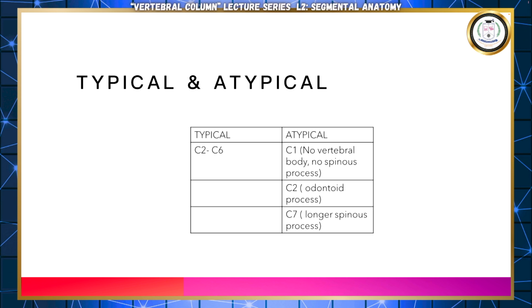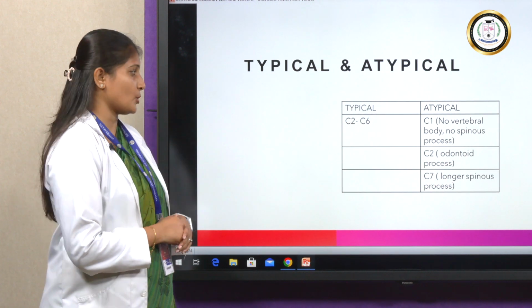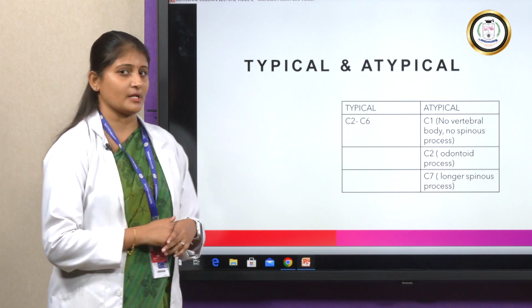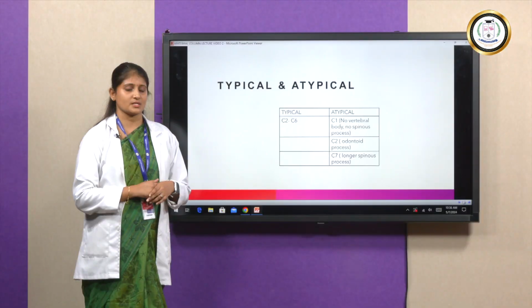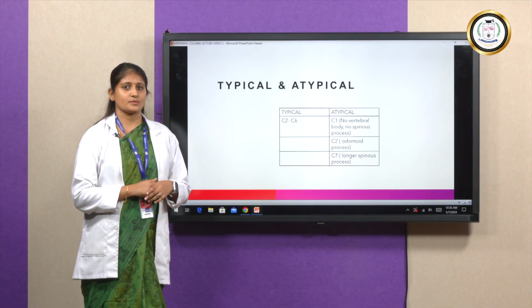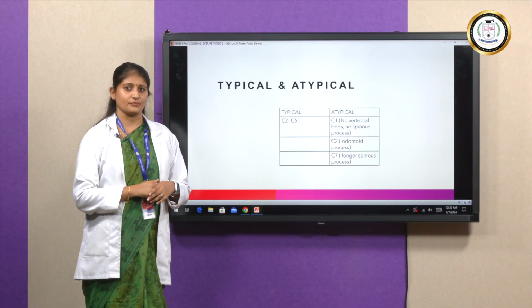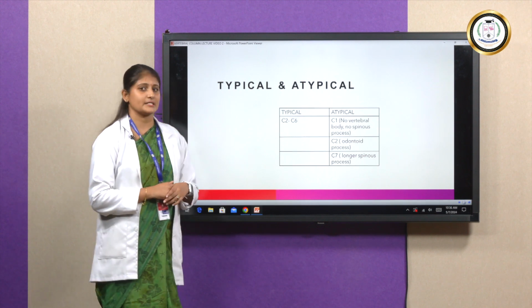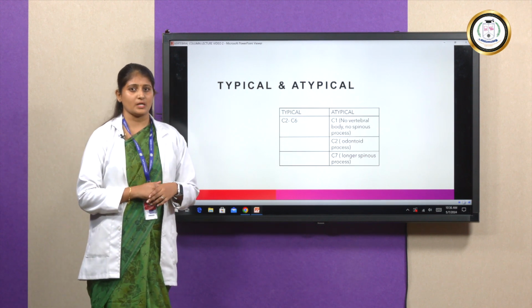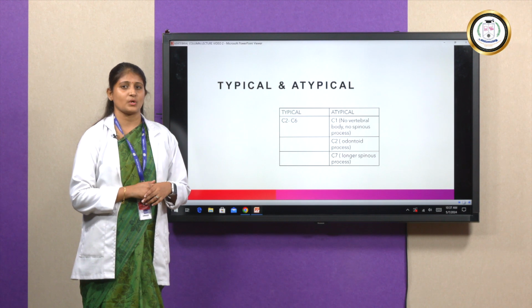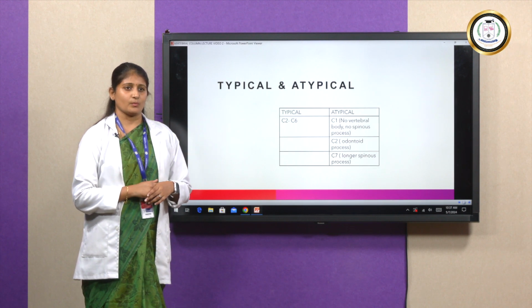They are the C1 vertebra, which has no vertebral body and no spinous process, and the C2 vertebra, which has an odontoid process, which is a sharp prominence present over the body of the vertebra. And then finally C7, which has a longer spinous process, that's why it is called an atypical vertebra.